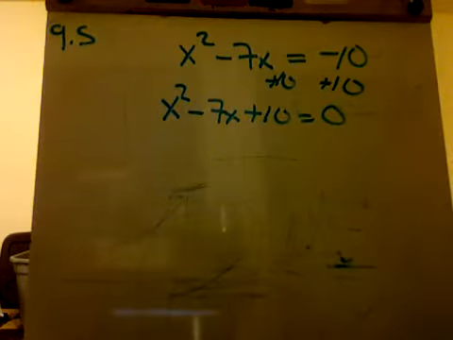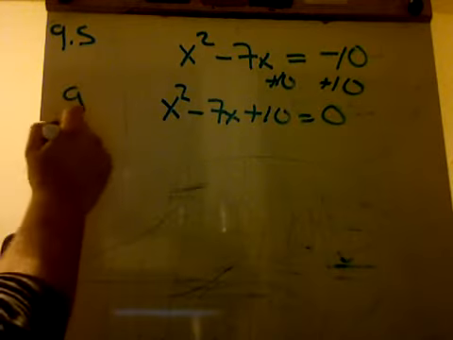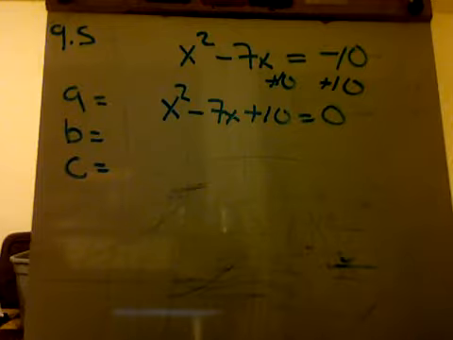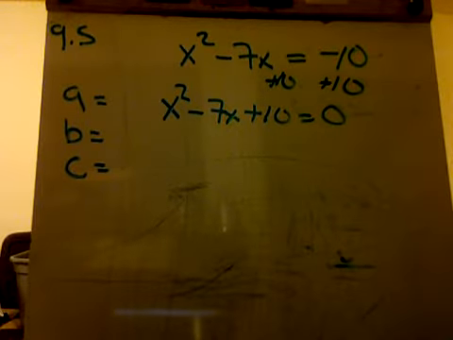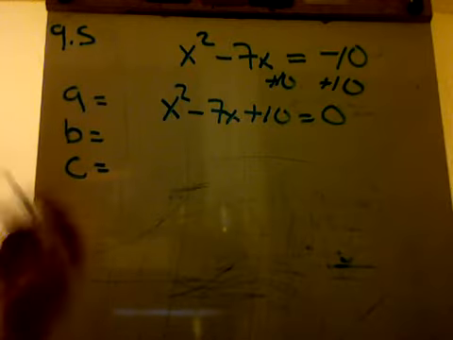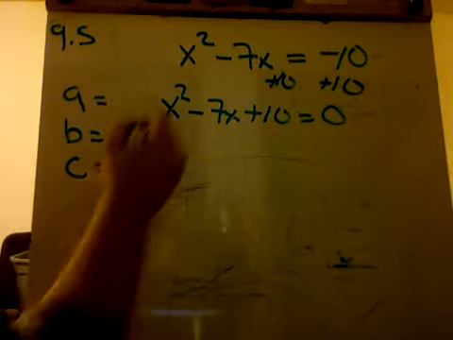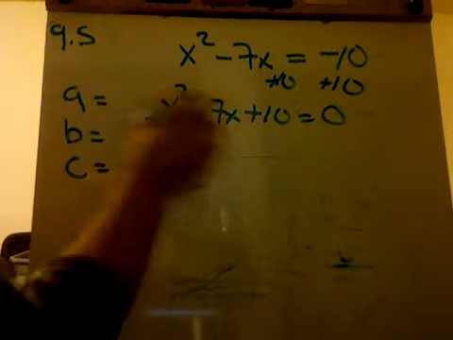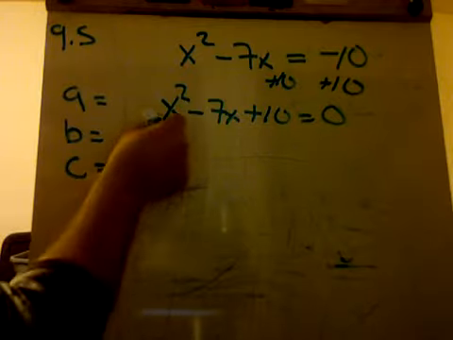Okay? Now I want to identify my a, b, and c values. My a value is always the coefficient in front of the term that has the variable with the square in it. So right here, here's my term with the square. It doesn't matter where that term is.